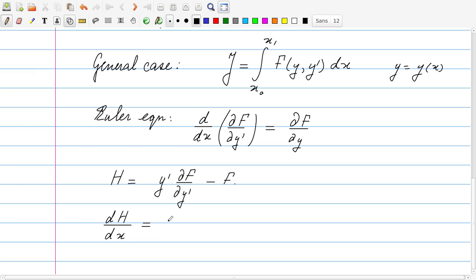So that gives us first of all y'' df/dy', plus y' times d/dx of df/dy', minus, and now we should be aware of the fact that f depends on y and y primed, so we need to use the chain rule.